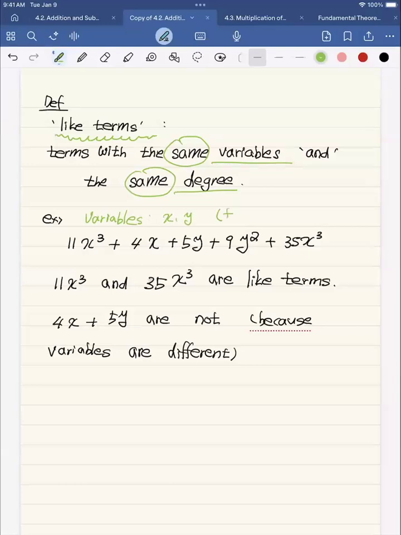So we have two variables. We want to think about the like terms. The first term is 11x cubed. When we determine the like term, the variable must be the same and degree must be the same. So degree must be 3 and variable must be x. So 11x cubed and 35x cubed are like terms.